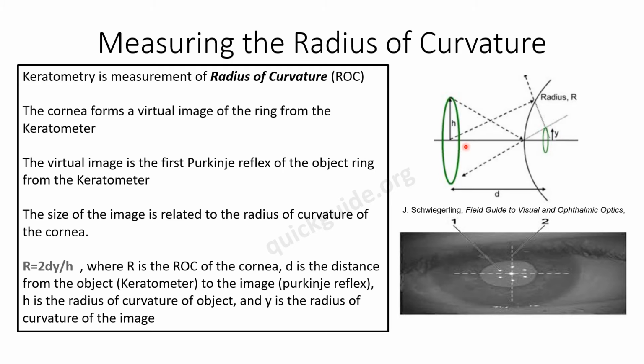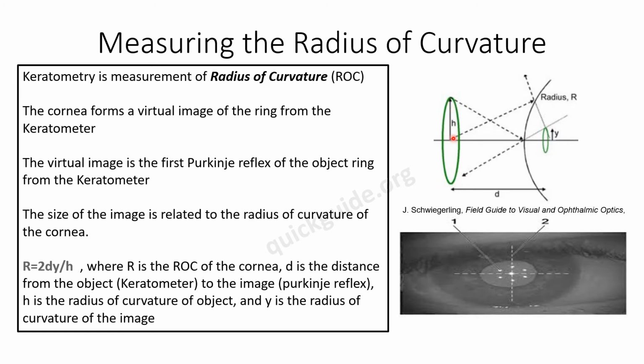The radius of curvature is equal to 2 into d into y divided by h, where d is the distance from the keratometer to the patient's anterior cornea, y is the image height of those reflections from the cornea, and h is the object height, the height of the lights that are being thrown onto the cornea.